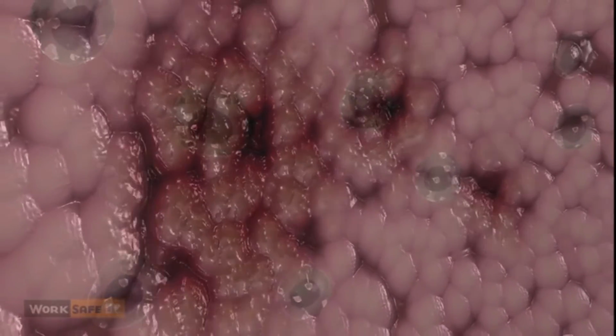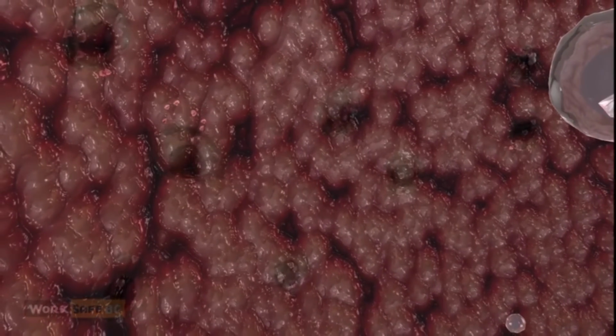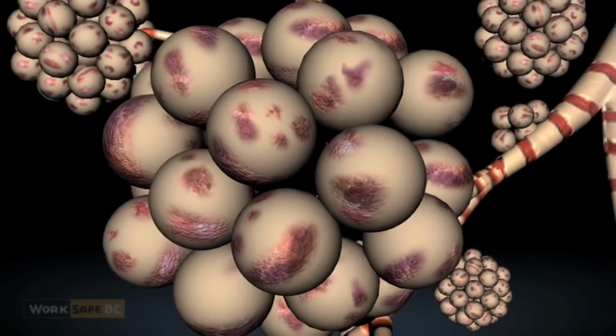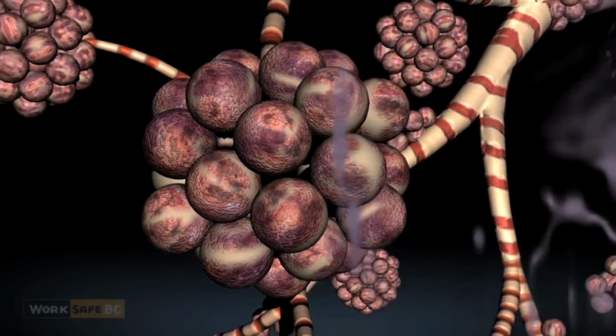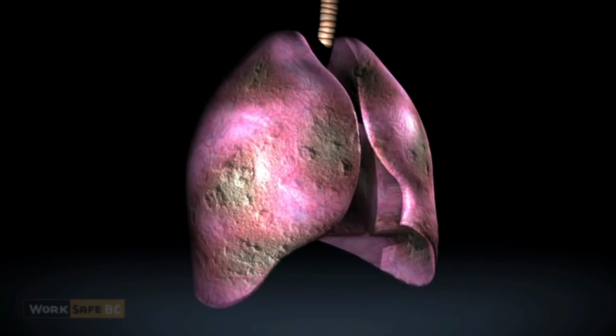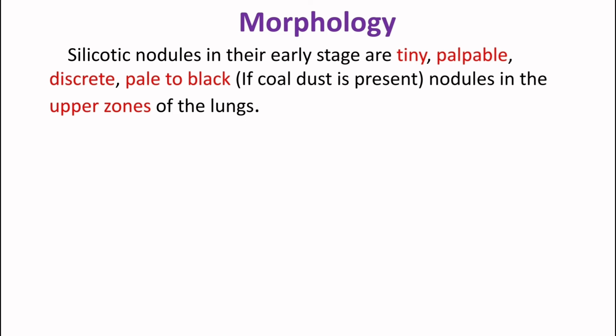Scar tissue forms around the dead cells and spreads as more cells die. This damage can continue even after the exposure to silica stops. Eventually, so much scar tissue forms that the lungs can no longer function. For information on how to protect yourself from silica exposure.